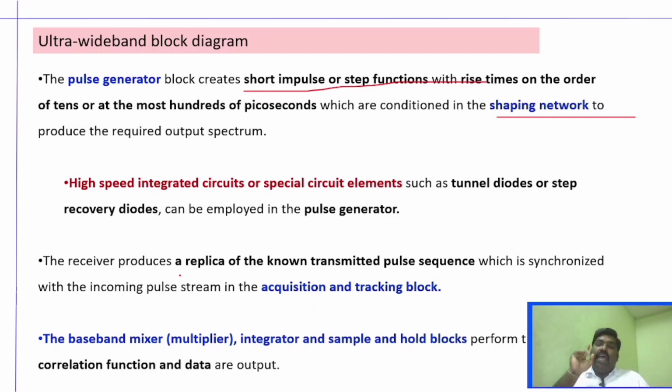And I have said the acquisition and tracking block is used to achieve synchronization between the received pulse and this training sequence pulse, right? And once the correlation is done, we will integrate and sample, and we will be able to detect the output, right? So this is the overall working of UWB transmitter and receiver.